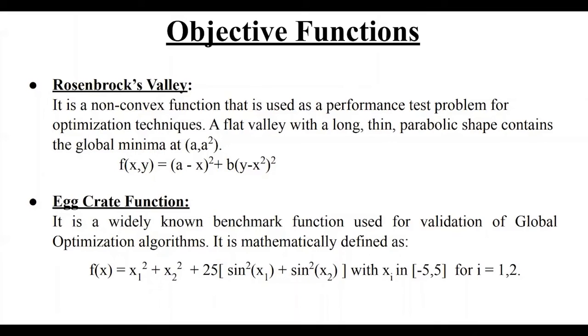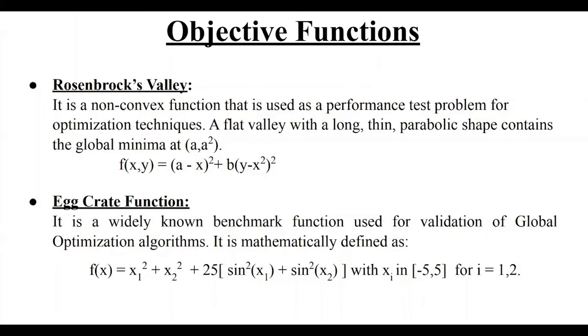The second function that we have used is the egg-crate function. In this problem, there are two design variables, x1 and x2, with lower and upper limits of minus 2 pi and 2 pi. We have used particle swarm optimization to find the optimal solution for this problem.